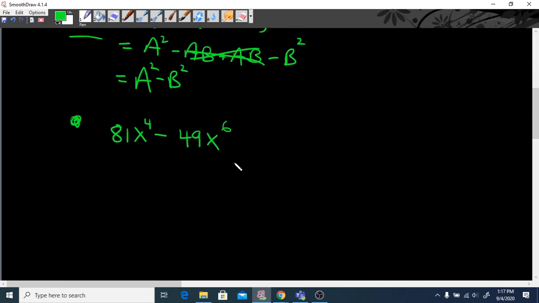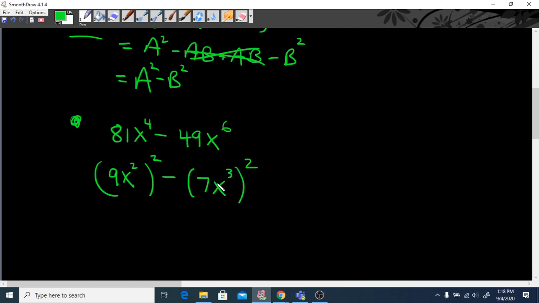Then we need to recognize that these things are easily square rooted. That is, what do you square to get 81x^4? Well, you have to square 9x^2 to get 81x^4. What do you square to get 49x^6? You square 7x^3, okay?